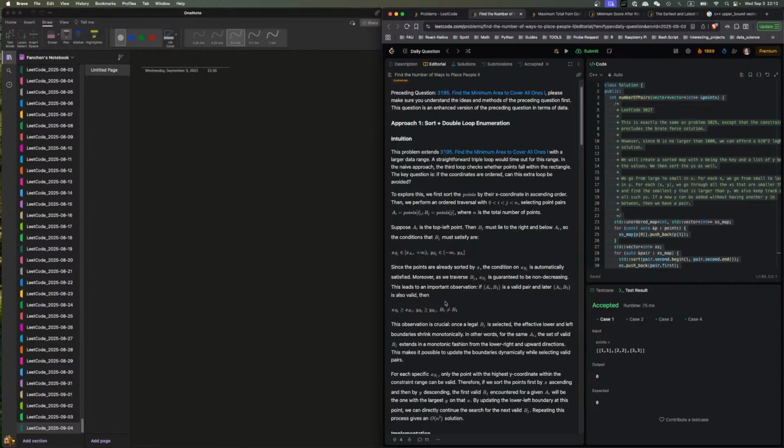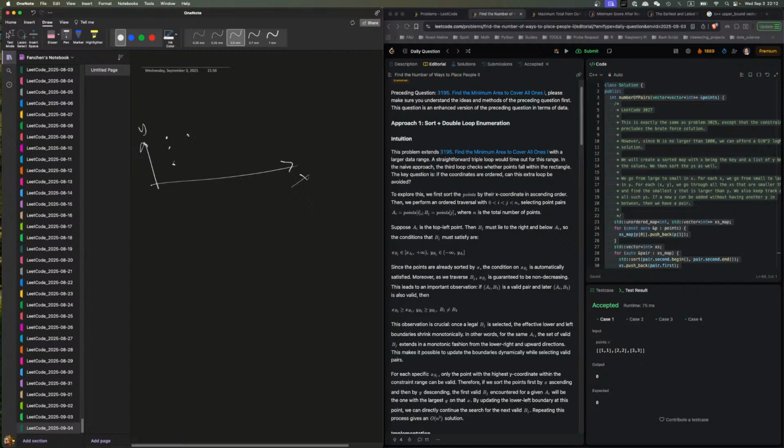The next one we get must be bigger than this. So essentially, like we have, this is x, this is y, and we sort on y decreasing.